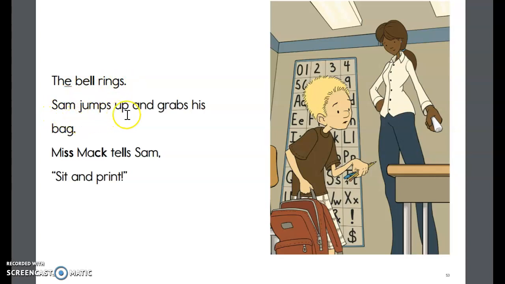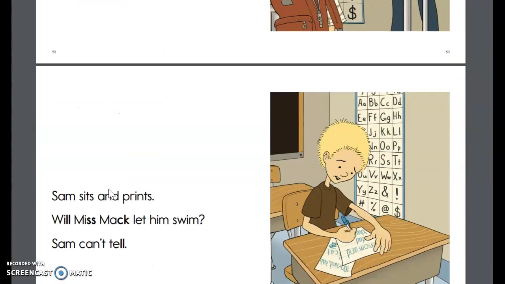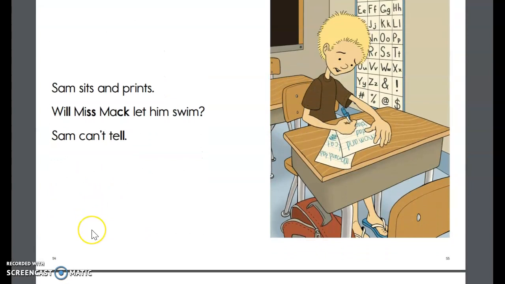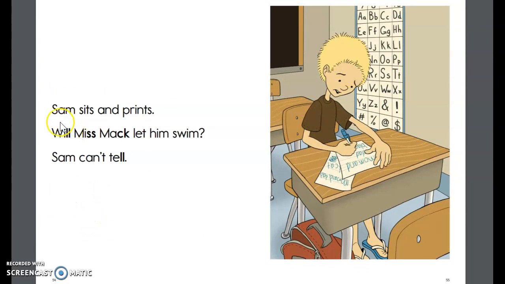Sam jumps up and grabs his bag. Miss Mac tells Sam, sit and print. Sam sits and prints. Will Miss Mac let him swim? Sam can't tell.